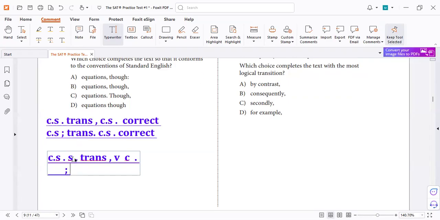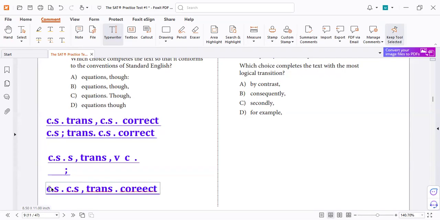That means the transition word can be in the middle. The last position: complete sentence, full stop, complete sentence, comma, transition, then full stop. And that is correct. Here I can use the same for semicolon.